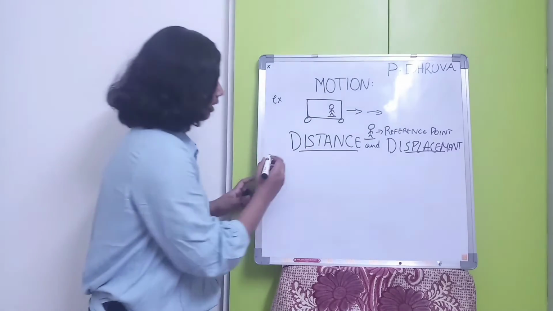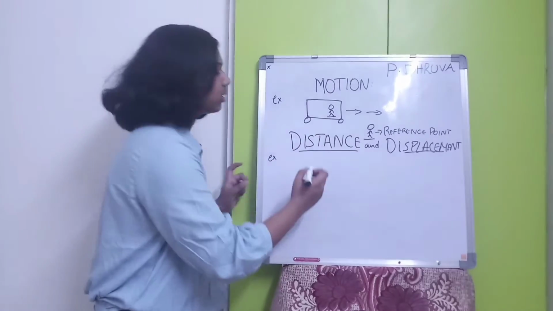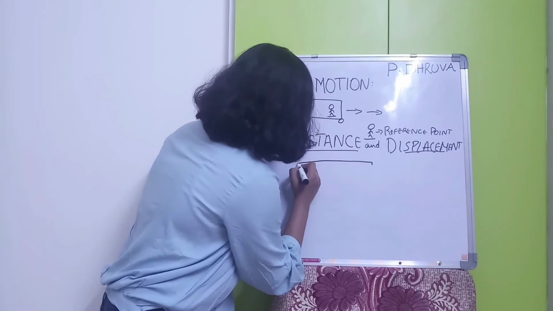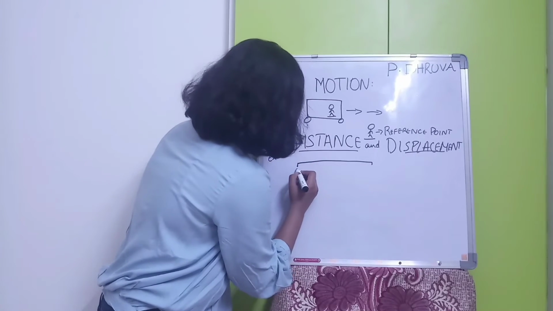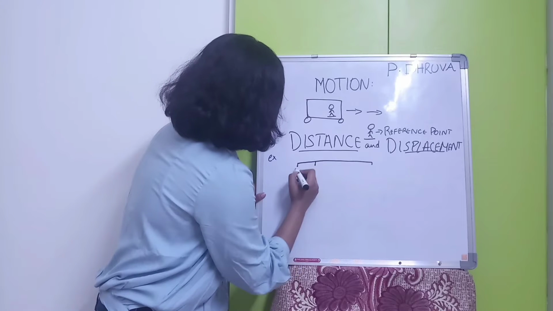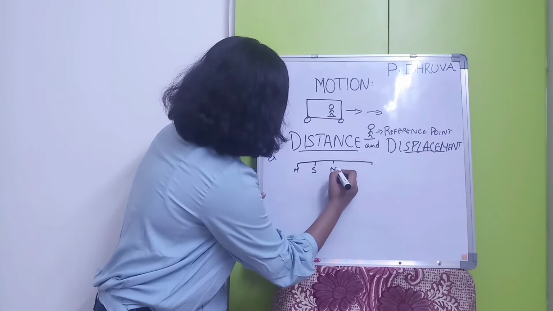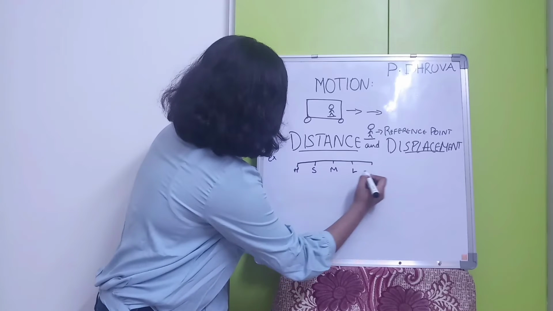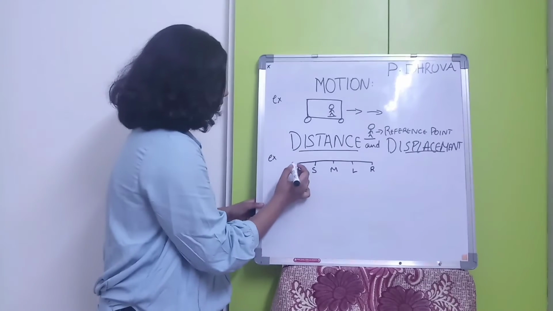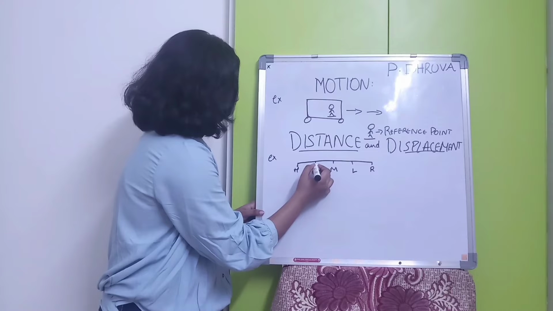Now we will see an example of calculating the distance and displacement. This is your home, your school, this is the market, library, railway station. So you are at your house, then you go to the school.